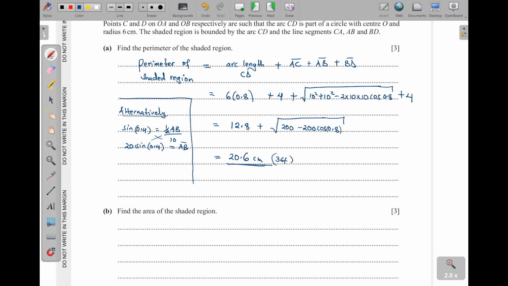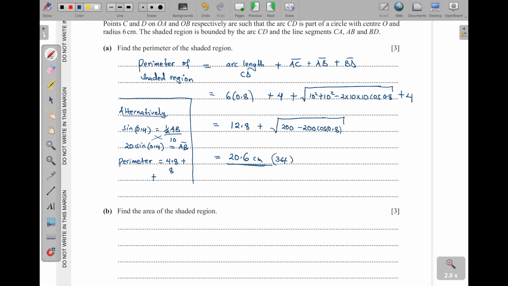Now, what will be the perimeter? So perimeter is going to be equal to, remember this one is 4.8, then plus this is 4 and a 4, that is 8, plus then this one that we have gotten here.